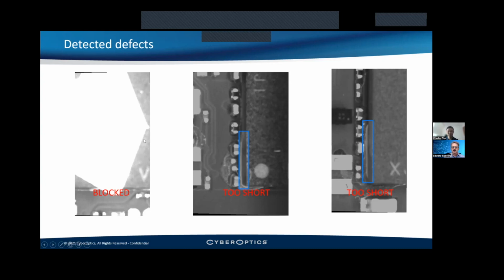It's a block, so it's actually a special example. Sometimes you will have a falling object fall onto the product, so the user wants to catch that, and this could be a good example. But in some cases it's probably just that the corner view or the epoxy is not dispensed. In other cases, we can catch that kind of defect accurately too.